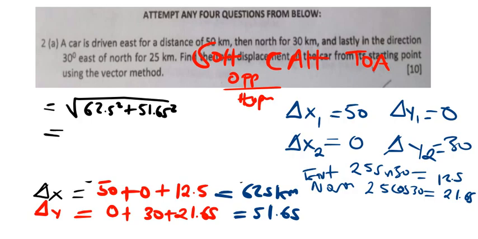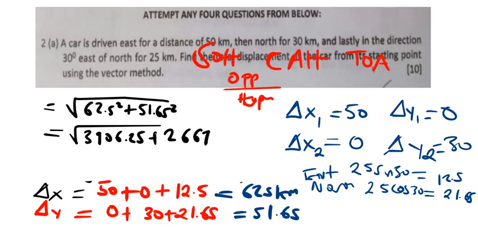Now 62.5 squared, what does it give me? That gives me 3906.25. Plus 51.65 squared, it gives me 2667.7. Okay, basically that is what I have.